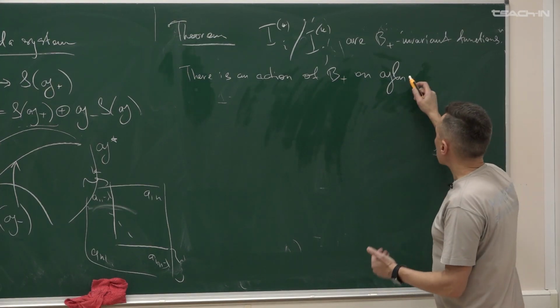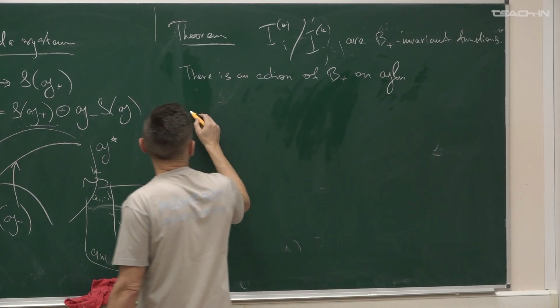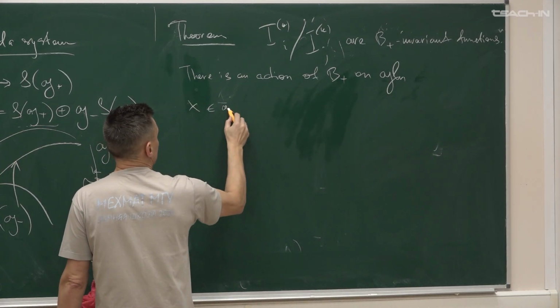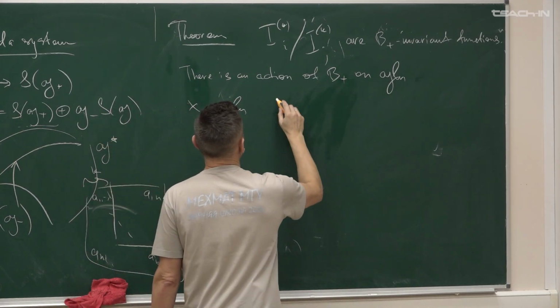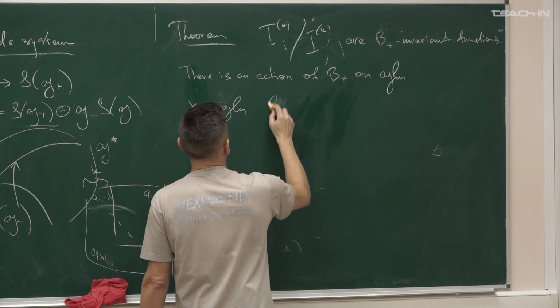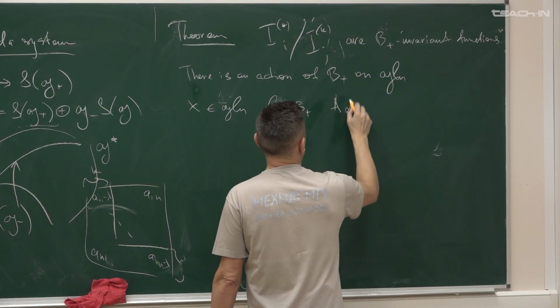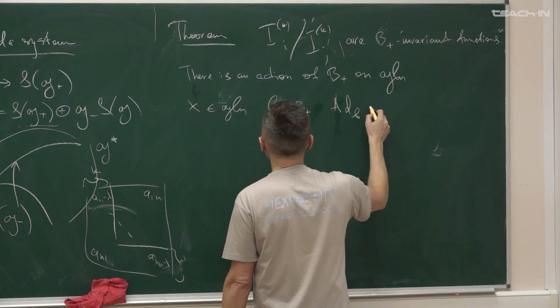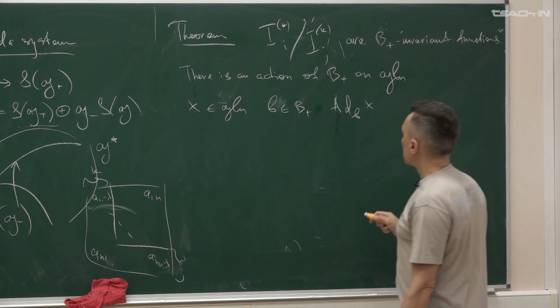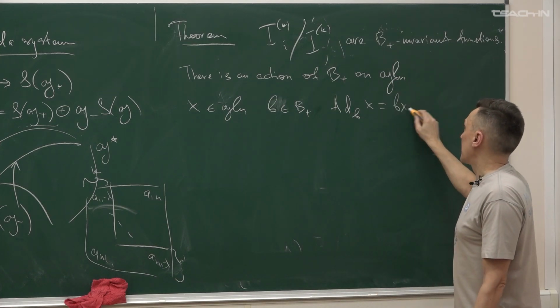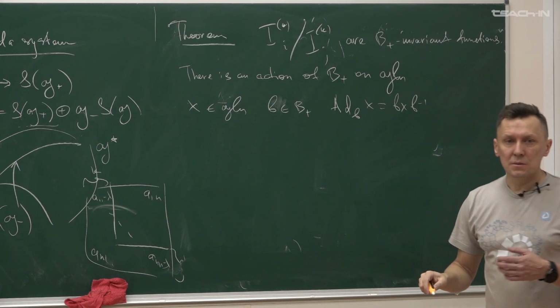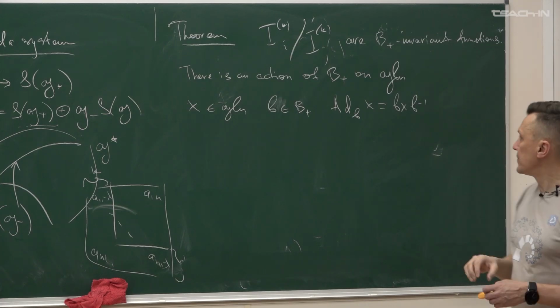So if we consider some element x in GLN, and b from B plus, then we consider just the adjoint action of b on x, which is b x b inverse.